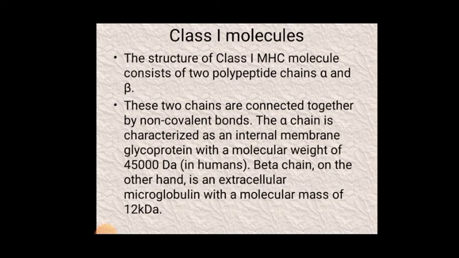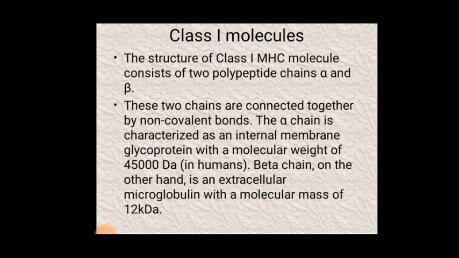These two chains are connected together by a non-covalent bond. The alpha chain is characterized as an integral membrane glycoprotein, and its molecular weight is about 45,000 Dalton in human beings.